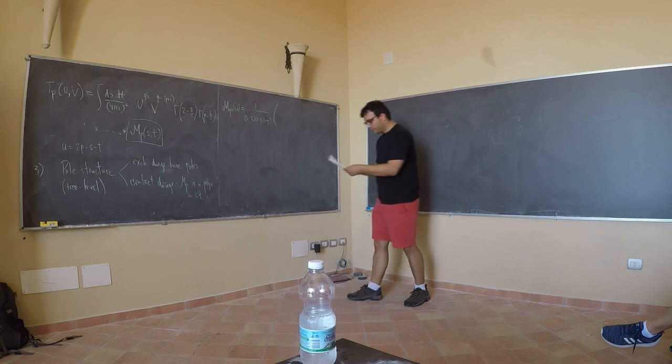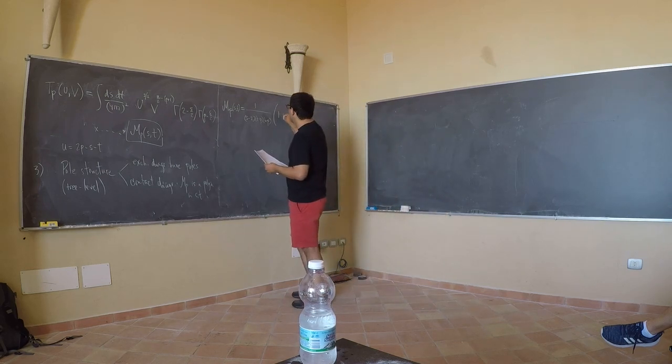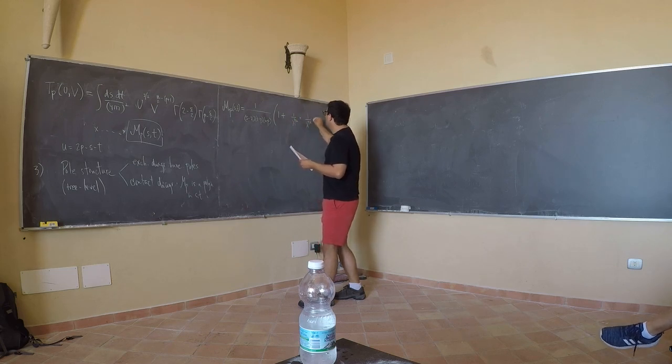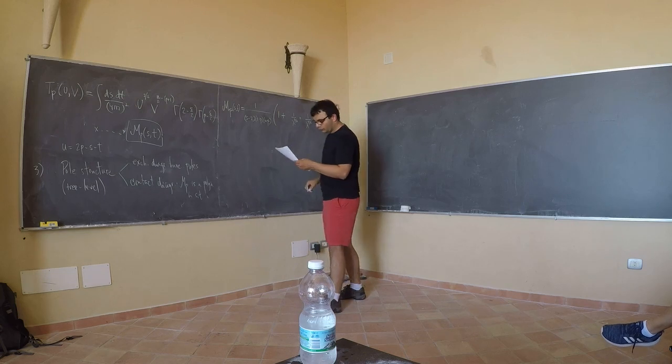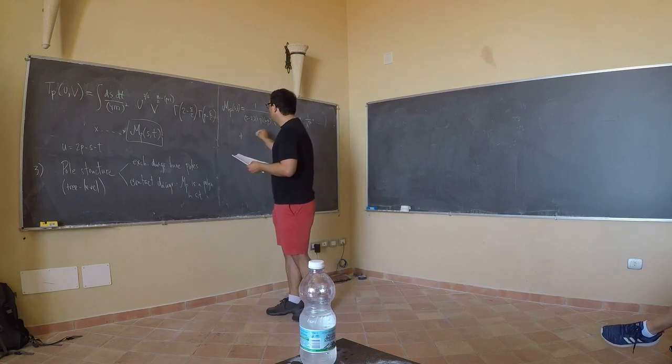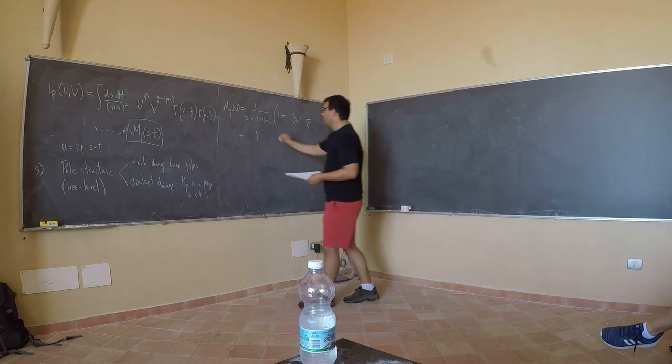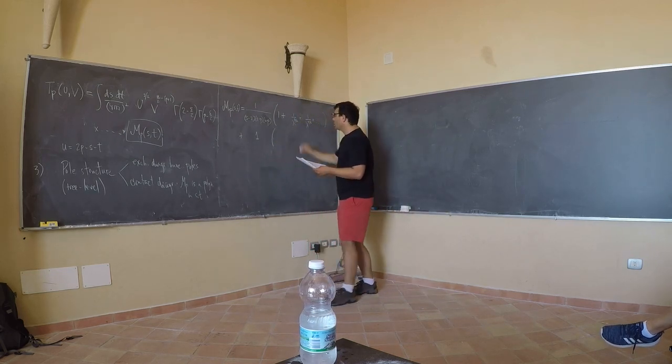Well, in principle, it could look like this. We have an expansion in 1 over lambda, 1 over lambda to the 3 halves, 1 over lambda to the 5 halves, and so on. And that would be a constant. We start only with 1 over lambda to the 3 halves.